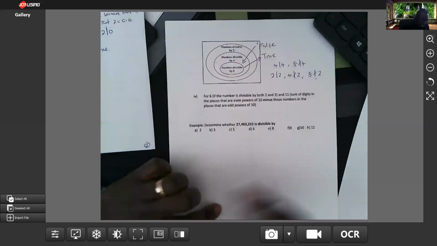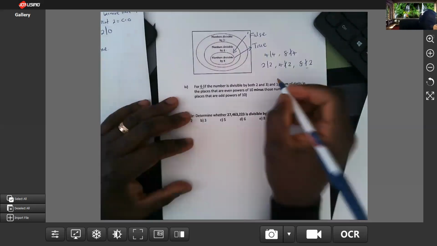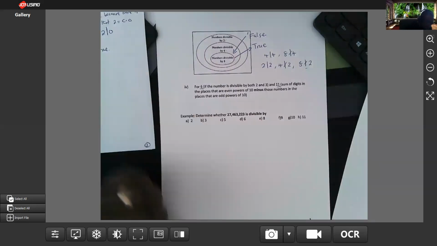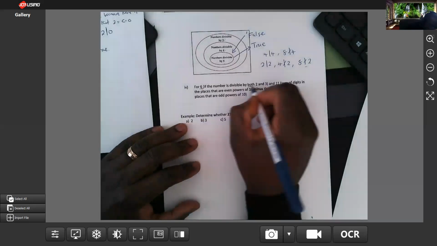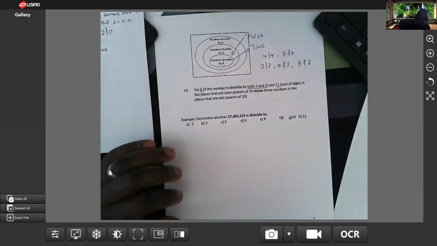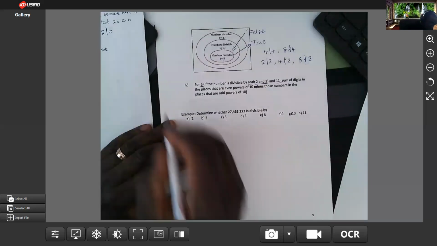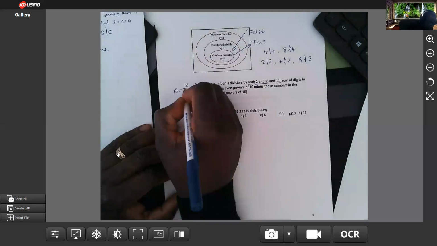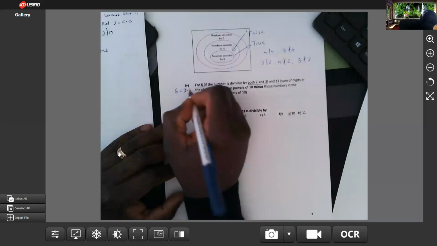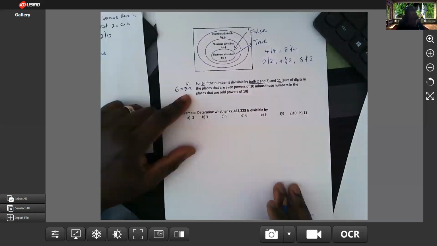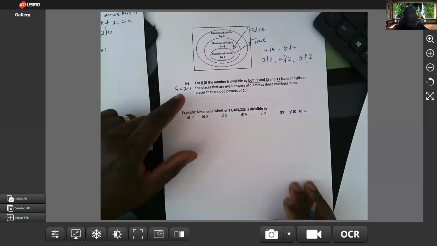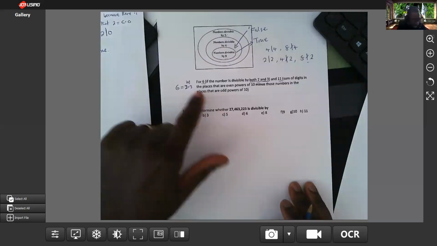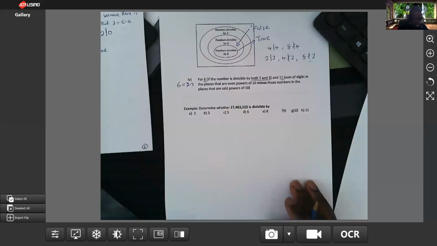Okay, now what is the test for 6, and then for 11? The test for 6 is that if the number is divisible by both 2 and 3, then it is divisible by 6, because we know 6 is equal to 2 times 3. So if two factors of a number are both divisible by a certain number, that means that number is divisible by their product.